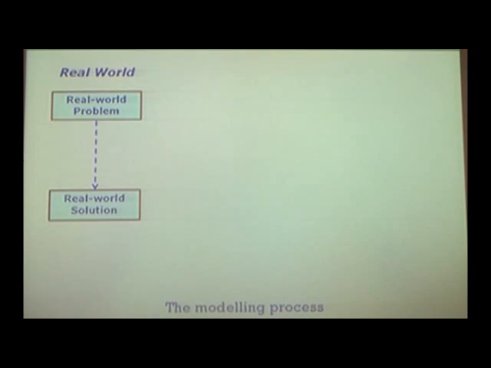Now, we usually start with a real-world problem, and we hope to obtain a real-world solution. Now, this process is often difficult. That means going from the real-world problem directly to a real-world solution may sometimes be very difficult and even impossible.